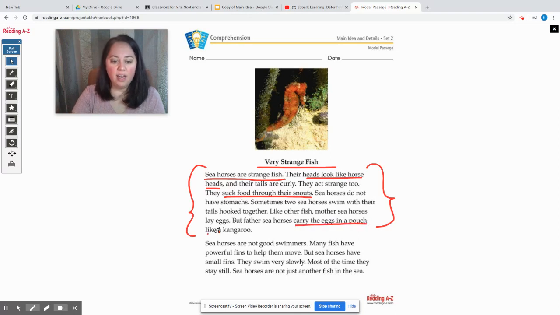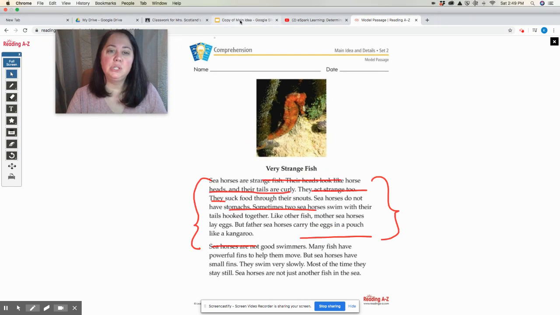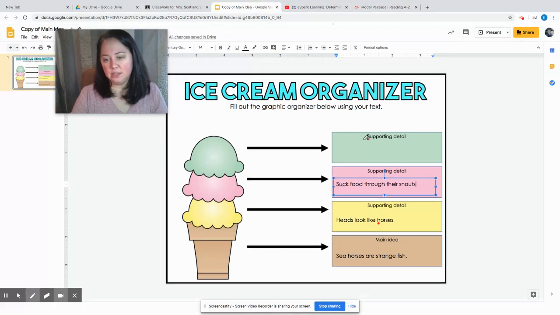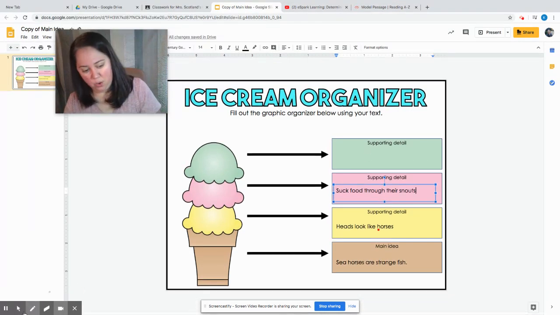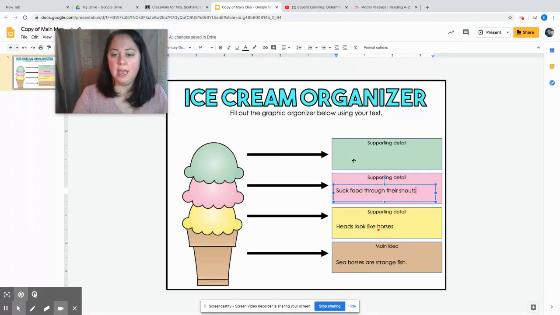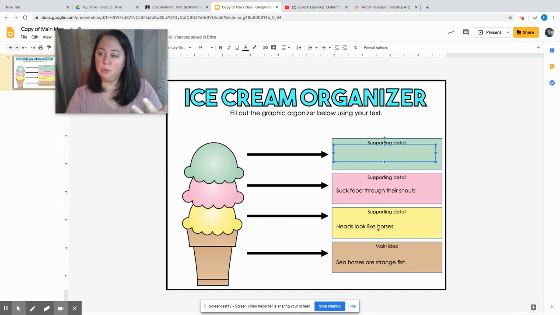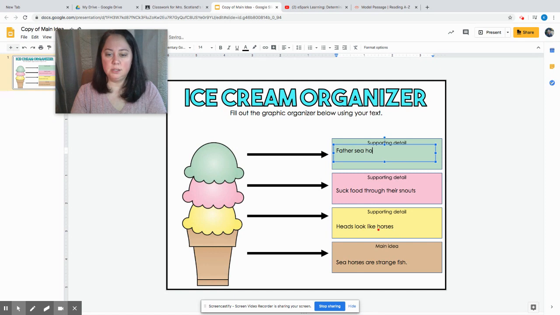Wow, that's really interesting because mommies usually carry the babies, but here the daddies are doing the carrying of the babies. So let's go back to our graphic organizer. Another supporting detail is the father seahorse carries eggs in a pouch.